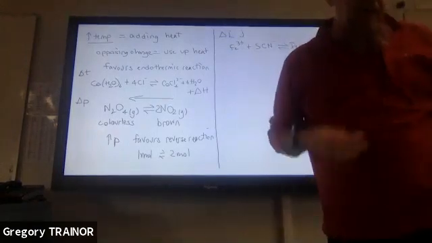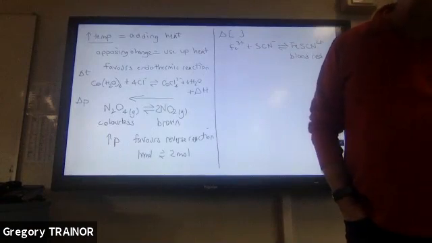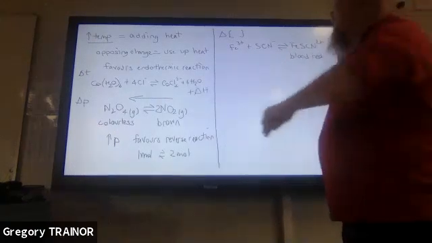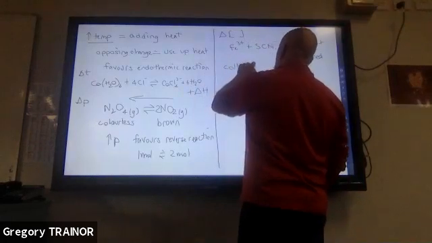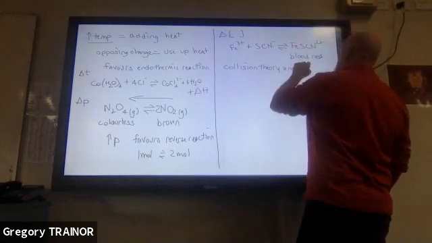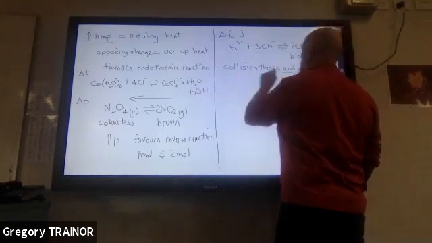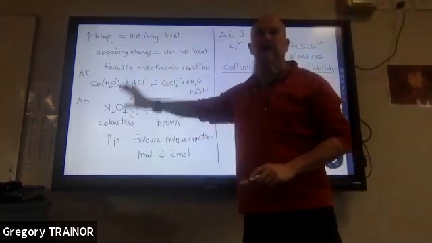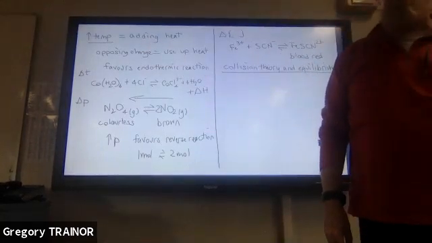Now, the last bit of this focus question asks you to relate equilibrium changes to collision theory. All right, so we've got collision theory and equilibrium. So you could be asked to explain any of these changes in terms of the collision of particles.